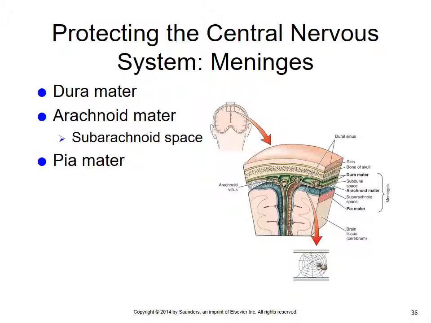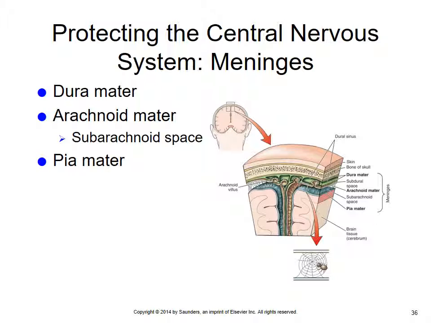The dura mater is the outermost layer. It's a thick, tough, connective tissue that splits into sinuses filled with blood. The subdural space is located below the dura mater. It contains blood. If a person sustains a sharp blow to the head and develops a subdural hematoma, what symptoms might they have?